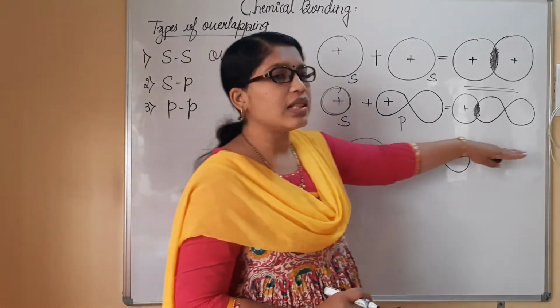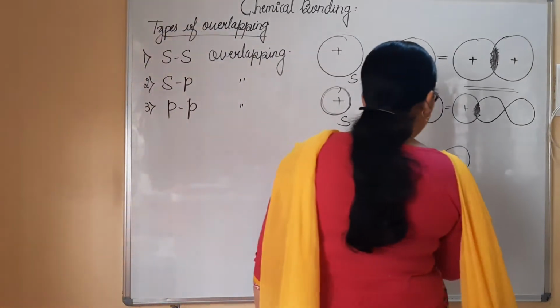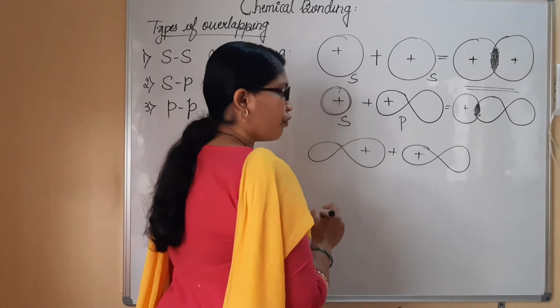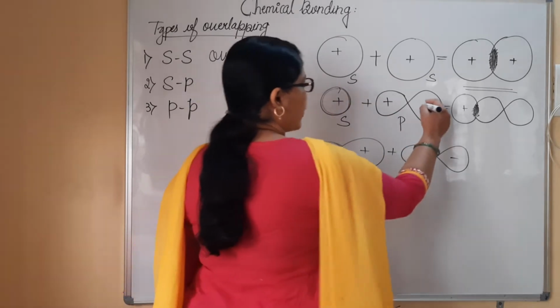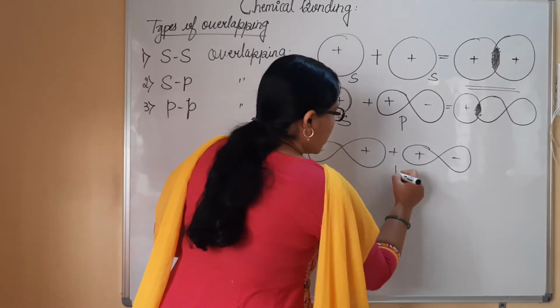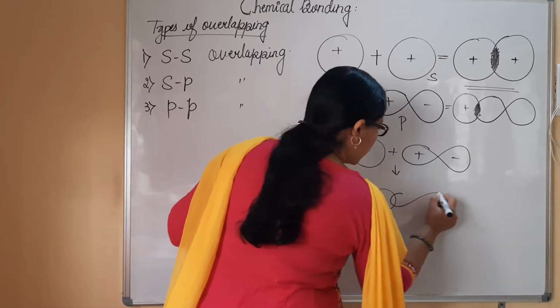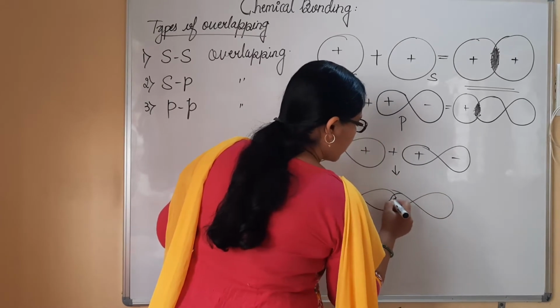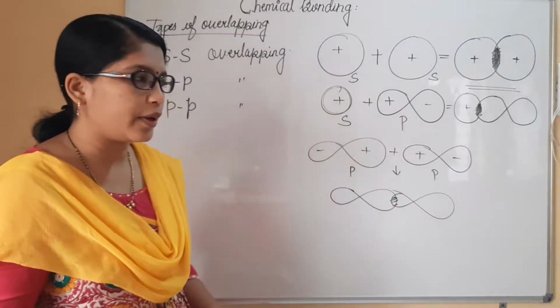When they combine in this fashion, we consider it head-on overlapping. Here also we must have the same phase, and on this side the other phase. So overlapping is seen in this fashion. This is PP axial overlapping.